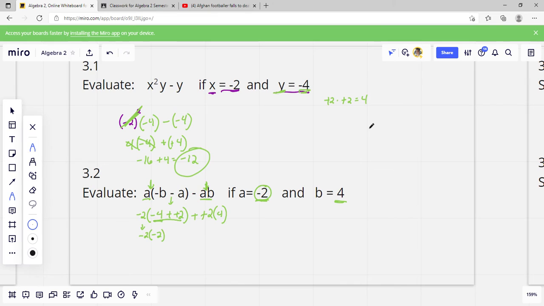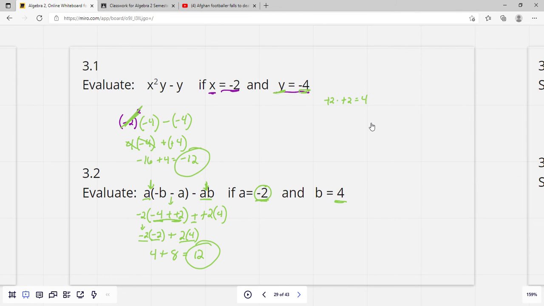So we owe $4. We paid back 2 of it. We still owe 2. All right, plus, that's this plus right here, 2 times 4. Now I'm going to do my multiplication. -2 times -2 is going to be +4, plus 2 times 4 would be 8. 8 plus 4 equals 12. That's the answer to that one.